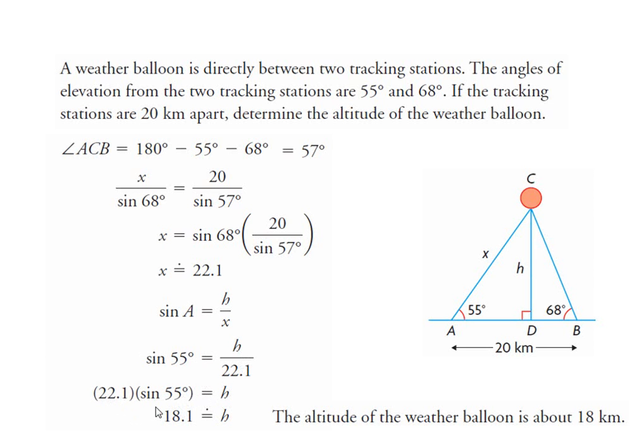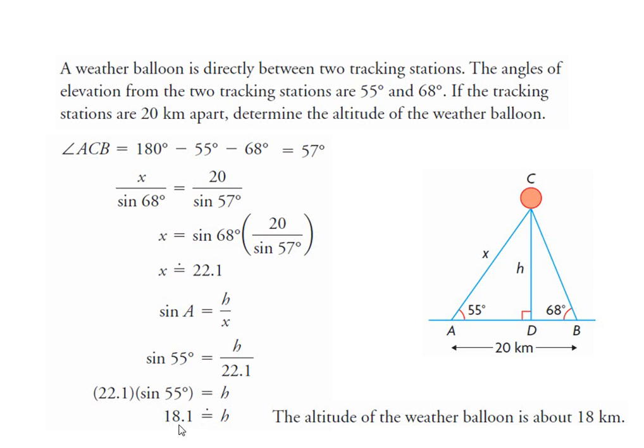And with your calculator, please bring out your calculator, and then you get h is equal to this. This is 18.1, right? So we have got the h. This h is the height, and this height is what we are looking for. Okay, the altitude. We have got it.